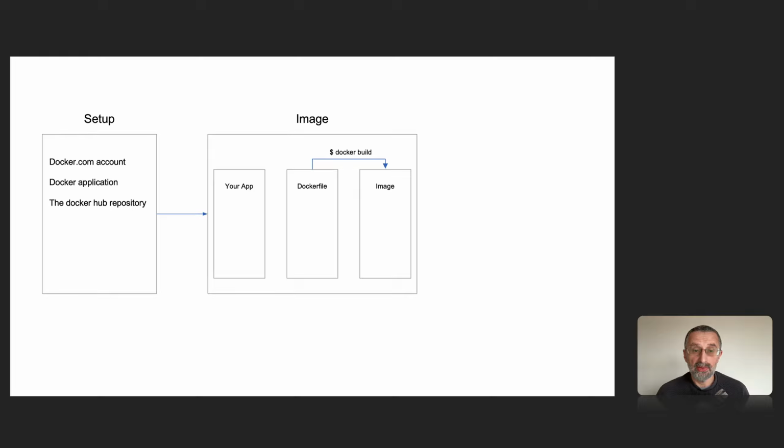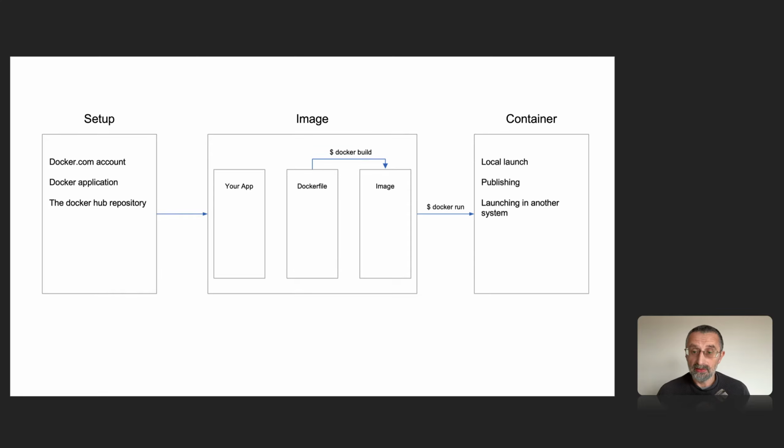Next, we are going to build the image. We'll take your application and then, using the Docker build command with a Dockerfile specifying the requirements for this image, we'll compile the image, create the image.